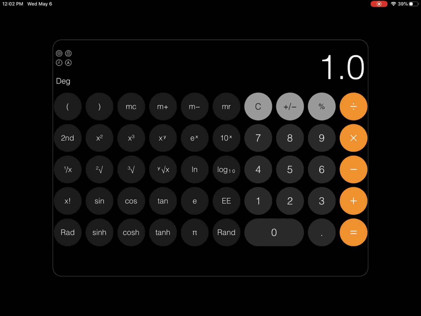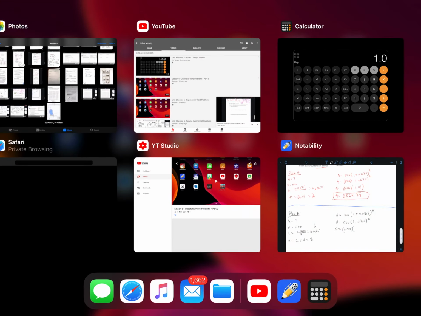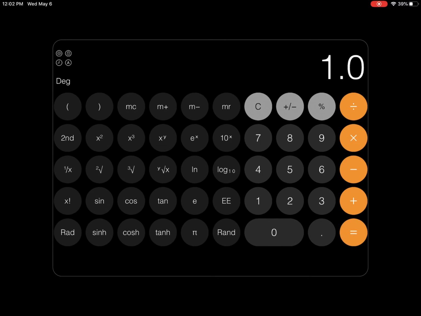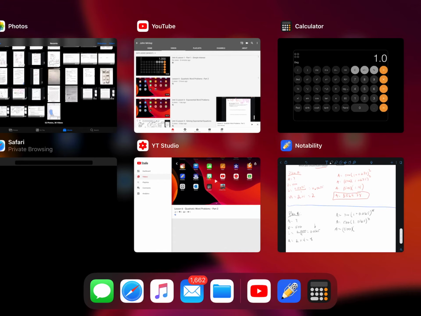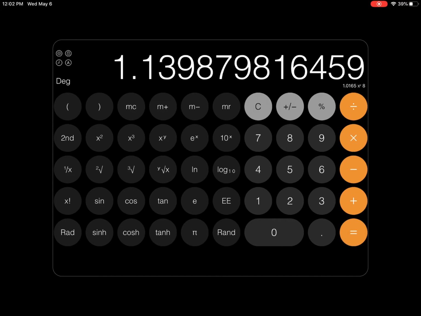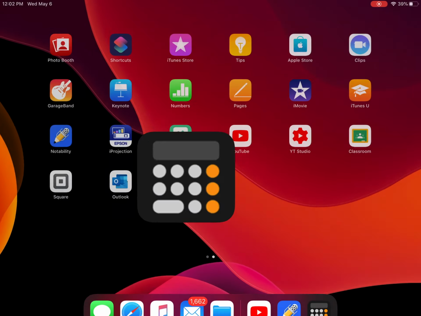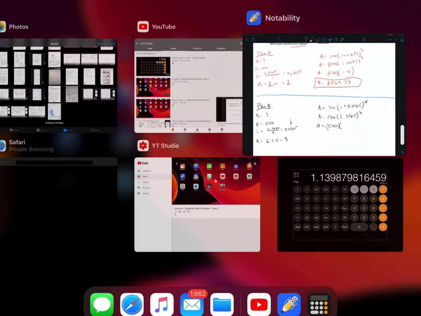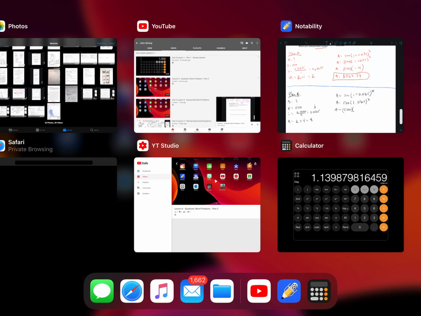So let's go to the calculator. 1.0165 to the exponent of 8. 1.1314 again.